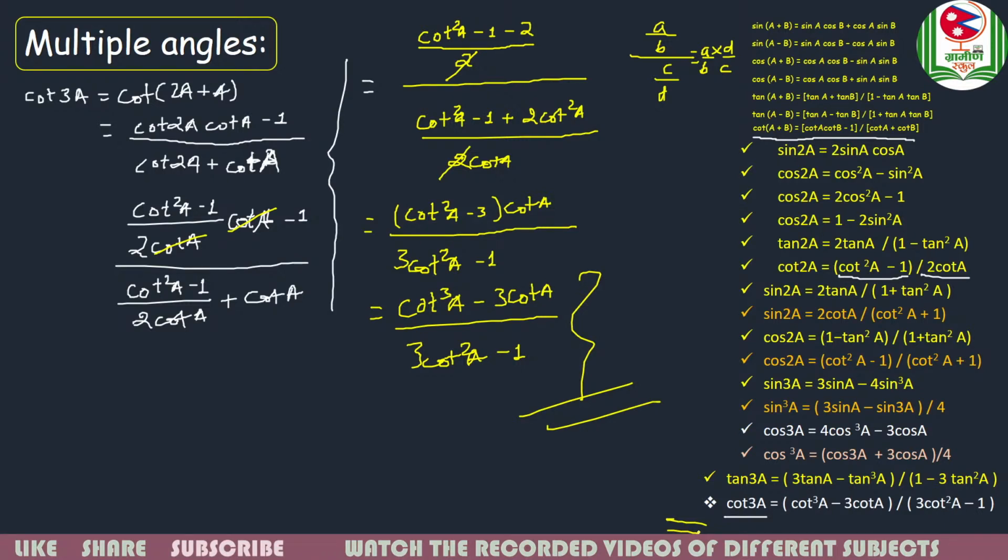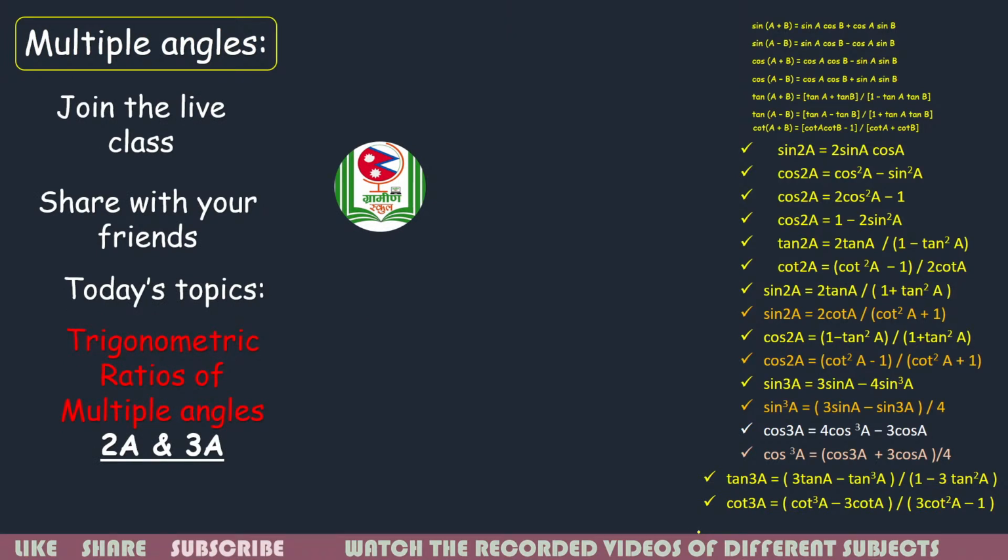So up to now we have proved each and every trigonometric identity that we have to understand for solving the further numericals or further exercises. So I have completed all these formulas in the form of sine, cos, tan, everything, as well as for cot also.